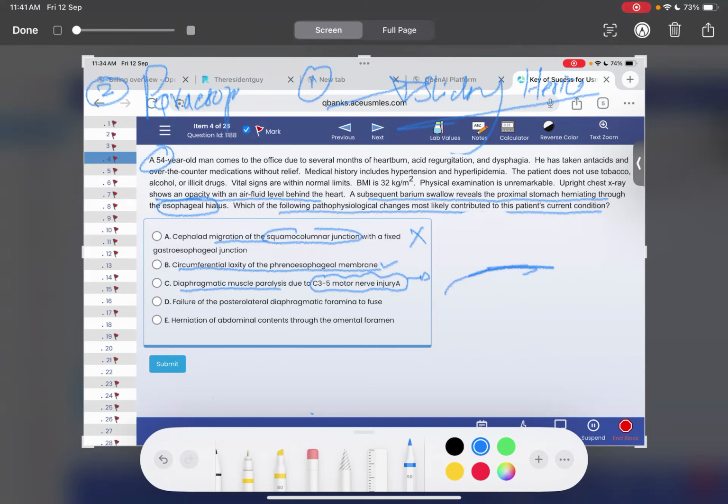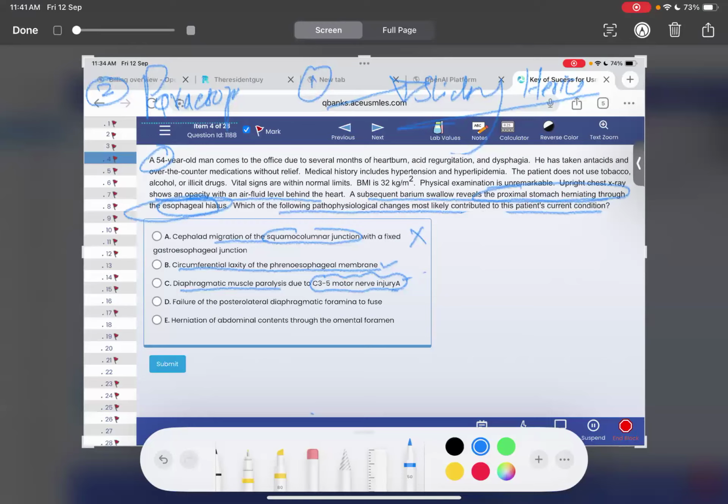If the diaphragm is not working properly, the other respiratory muscles will help in the relaxation and contraction of the lung. It will help, but this patient will not present with a history of proximal herniation through the esophagus.